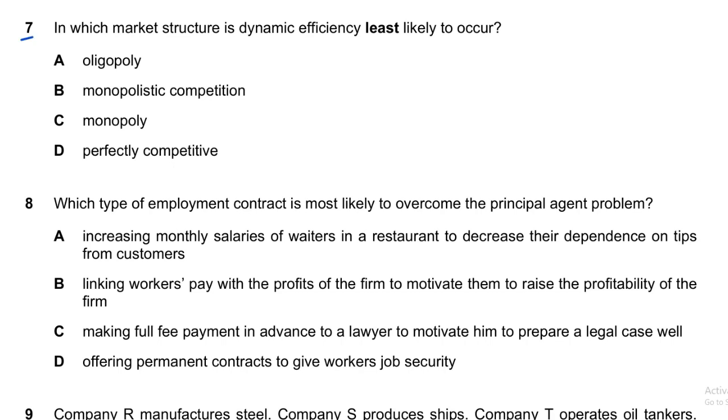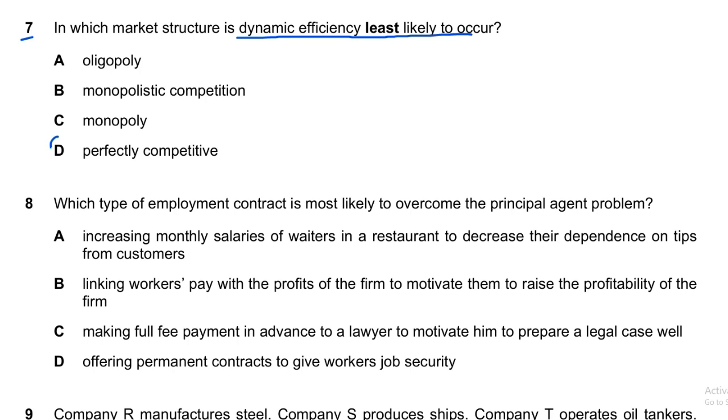So question number 7 is, in which market structure is dynamic efficiency least likely to occur? Dynamic efficiency happens due to research and development, and when production takes place at large scale, the firm can afford to buy better machinery, technology and tools, and it becomes dynamically efficient.